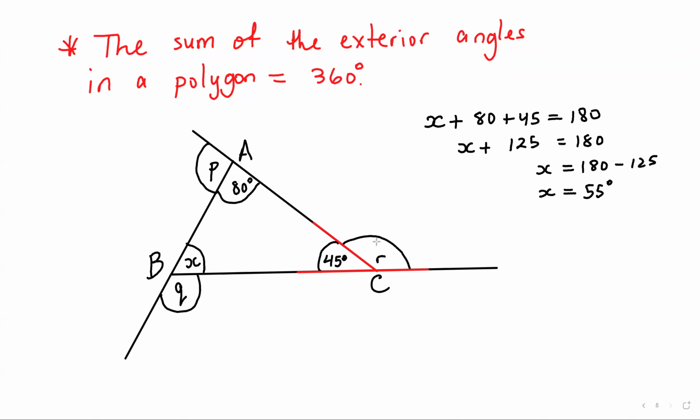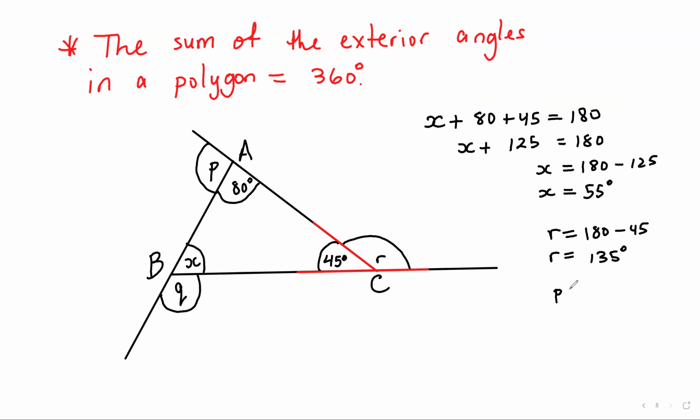And so I could find what R is by simply saying 180 take away 45, right? So R would be equal to 180 take away 45, which gives me 135. Yeah, so R is 135 degrees.